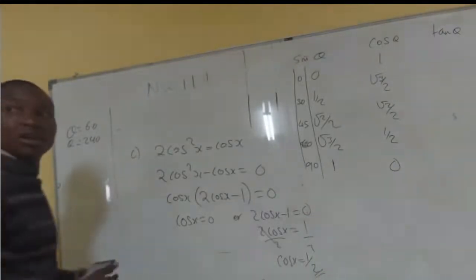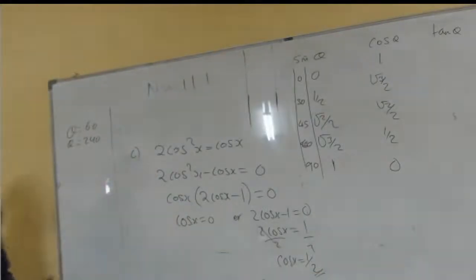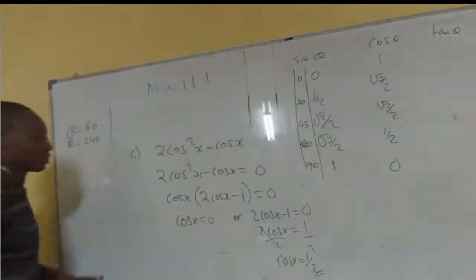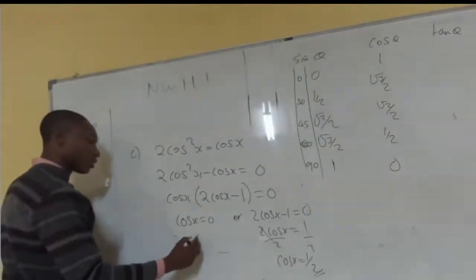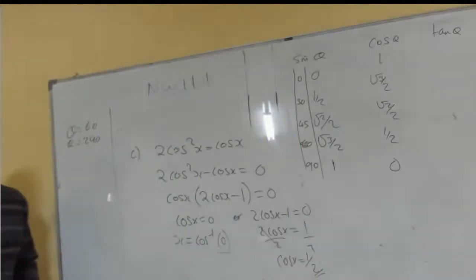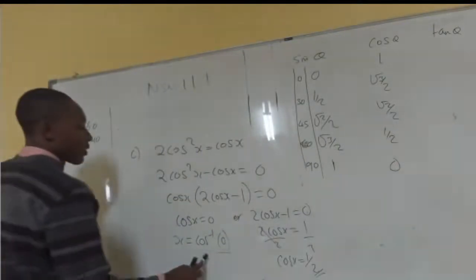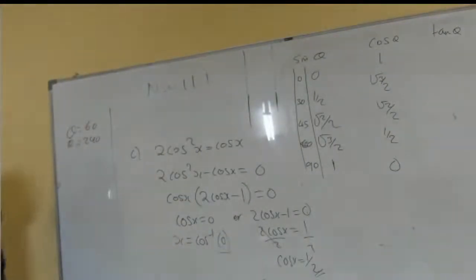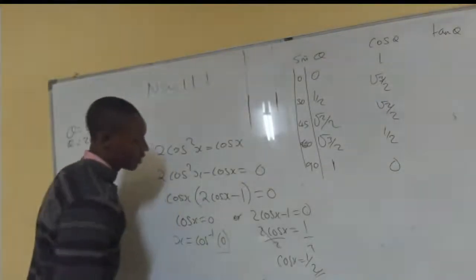Okay, so cos x is equal to 1 over 2. Then how do we proceed from there? Now here we need to find x. So x is equal to cos inverse of 0. We need to know when we have cos inverse of 0.